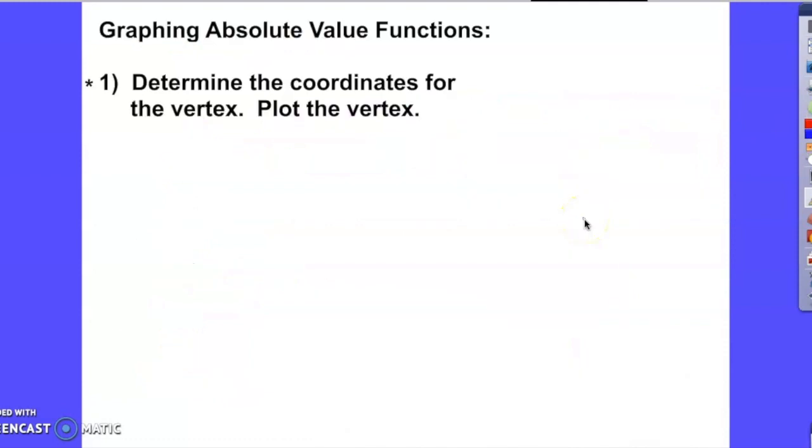So let's walk through the steps to doing the graphing of this. The first thing you're going to have to do is determine the coordinates for the vertex, and you're going to plot it. The vertex is going to come from the left or right and the up or down. The x value comes from the left or right. The y value comes from the up or down.